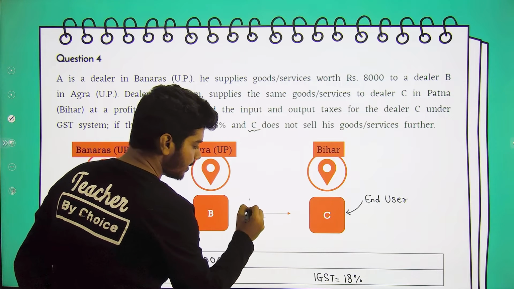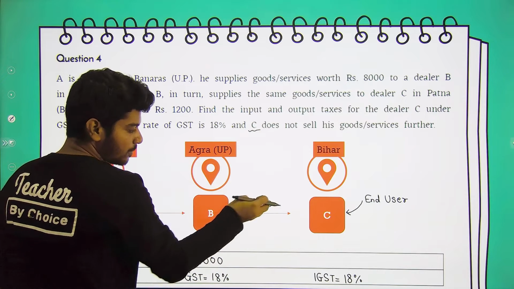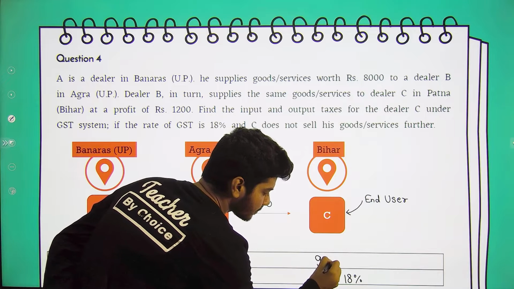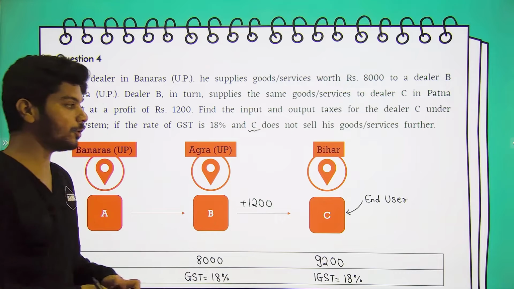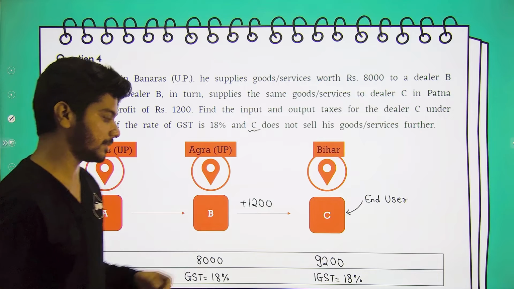So whatever number you get as a profit, you add it. 8,000 plus 1,200, 9,200, you write it over here. Okay, so this is how you write the chain. If you make any mistake, you will not get the correct answer.